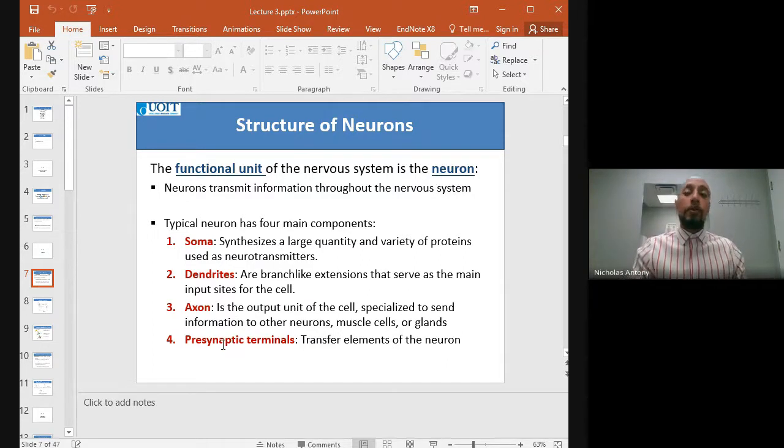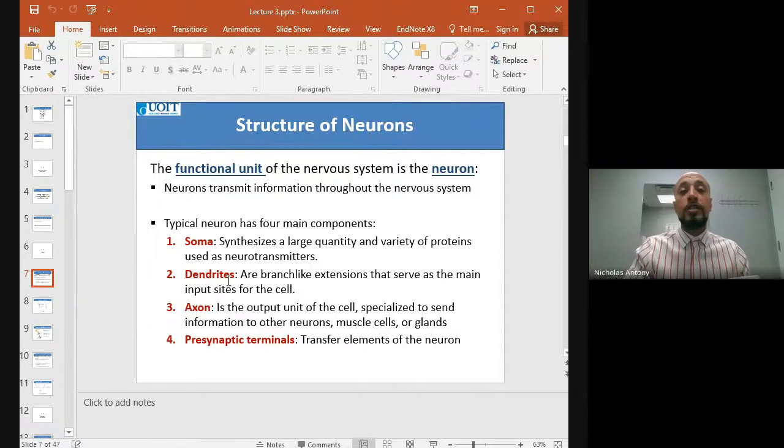There are main components of the neuron that are highly specialized to perform that action. We have the cell body of the neuron, which is called the soma. It produces neurotransmitters, so it is where you create and package the neurotransmitters and then send them to the presynaptic terminals to be released in synaptic transmission. The axon is the output unit of the neuron, and that's where we have our voltage-gated ion channels that create the action potential.